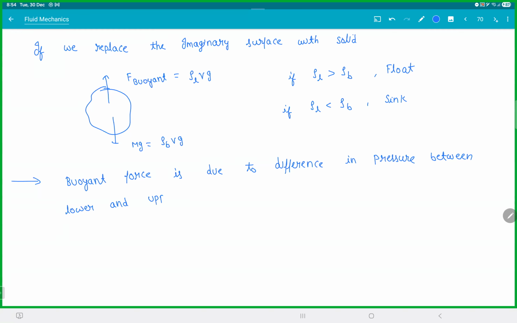So this buoyant force is not actually some new kind of force. The thing is, Archimedes didn't have the terminology to explain what it is. He just figured it out from an experiment.